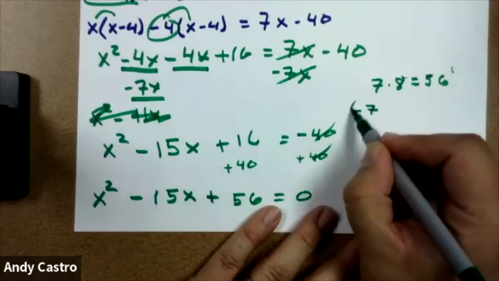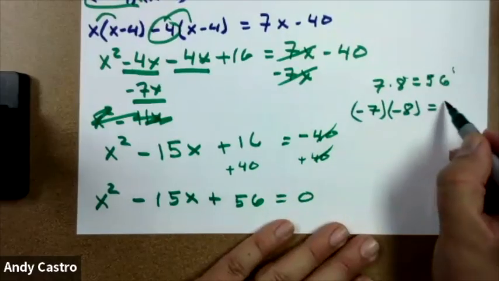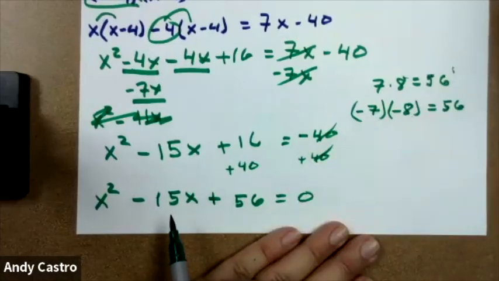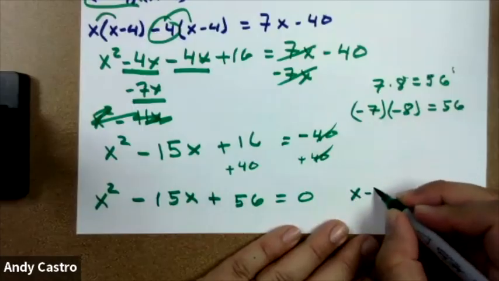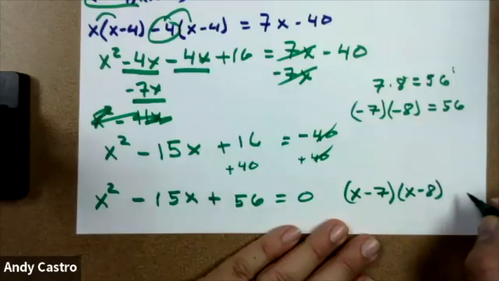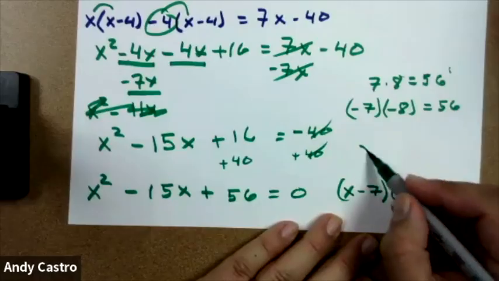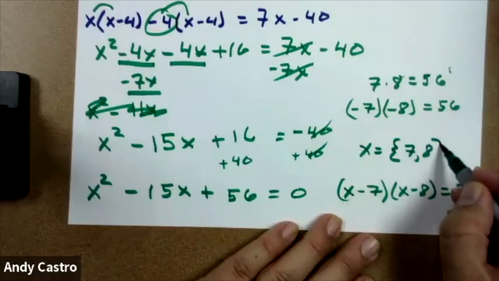So negative 7 times negative 8 multiplied together gives me positive 56, but if I add them together, they give me negative 15. So this ends up being x minus 7 times x minus 8. And this means that x can be either positive 7 or positive 8.